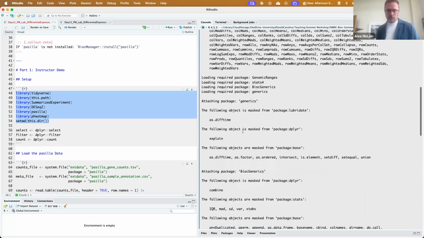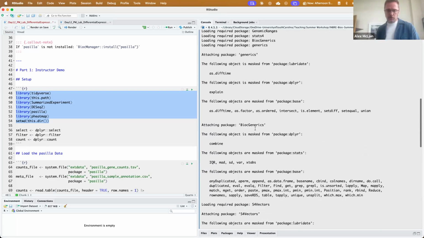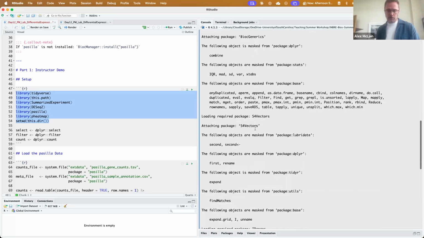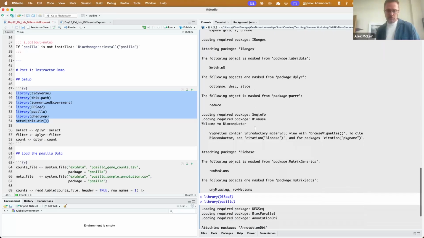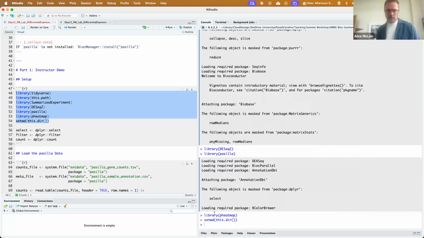What are some other ones that we will really care about? Here's the other one: select. Select in the dplyr package is the most masked function out of anything in all of R. This happens all the time.